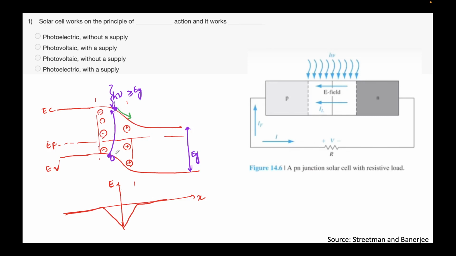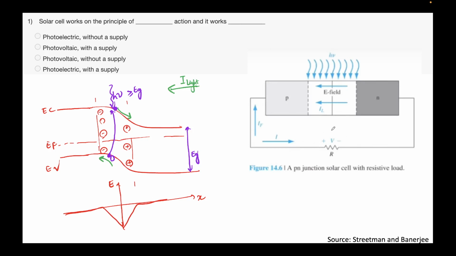Okay, and the hole will move in this direction. Now we have a drift of electrons and holes. This will give rise to a current. Essentially, this is the current that I am talking about, the direction of current, which I call I light, let's say. That is, this current is arising only due to the presence of light.